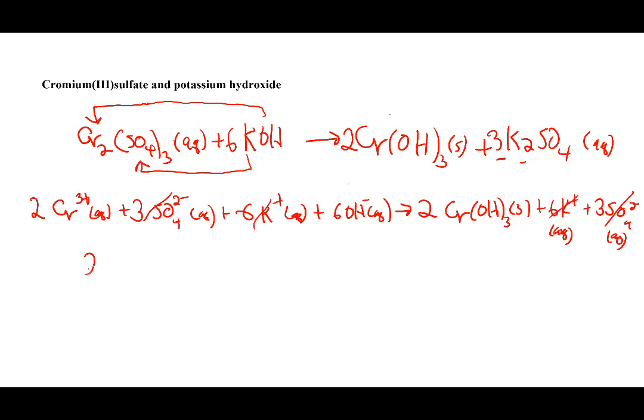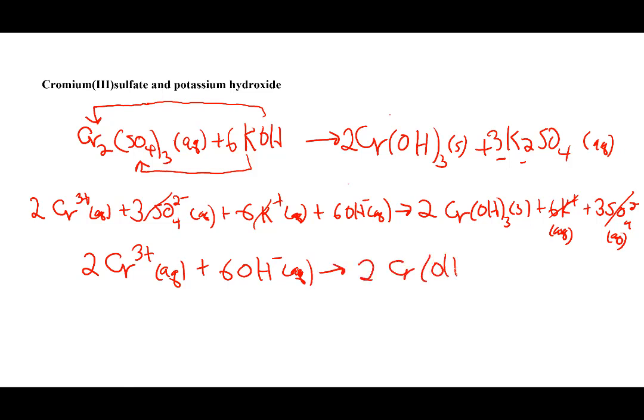So our net ionic equation is 2Cr3+ aqueous plus 6 hydroxides aqueous goes to make 2 Cr(OH)3 solid.